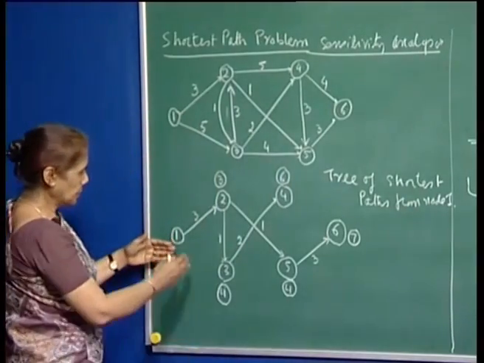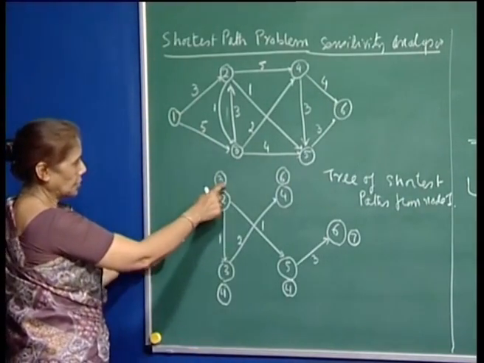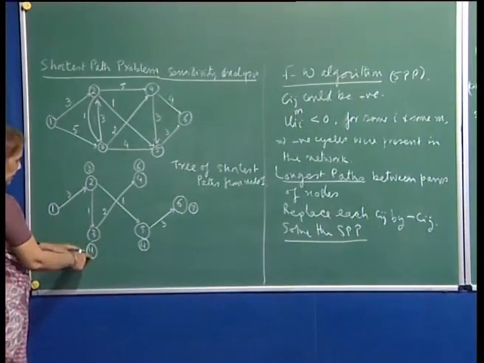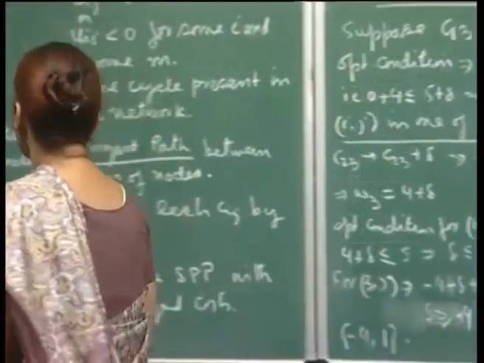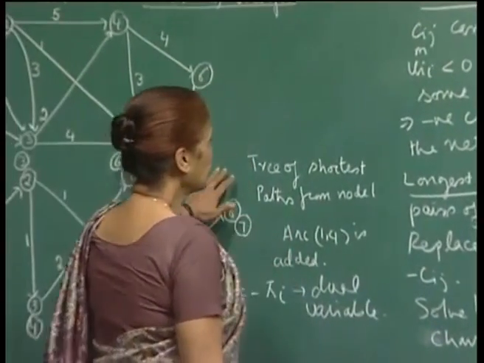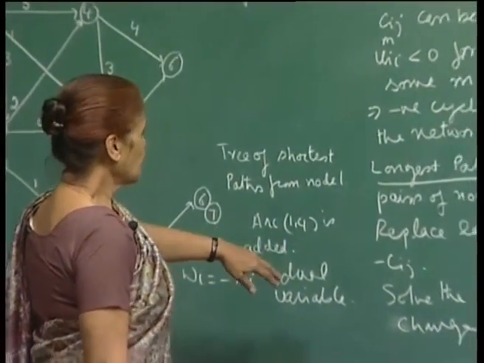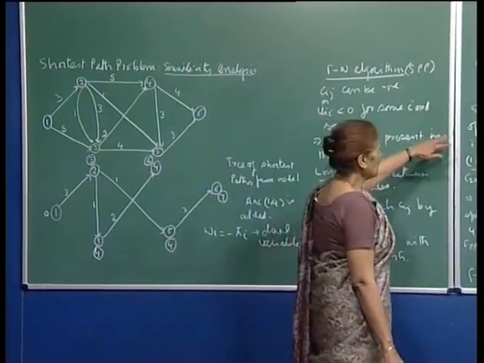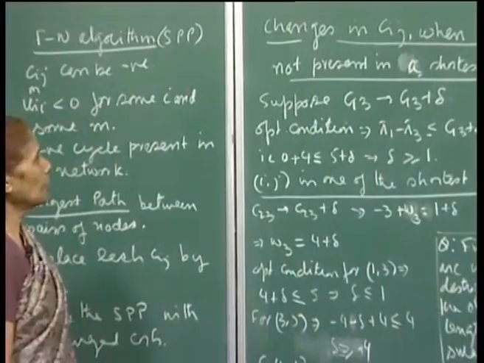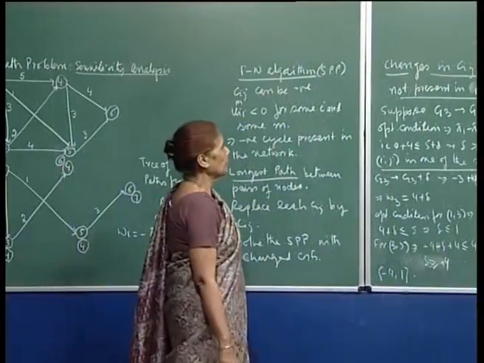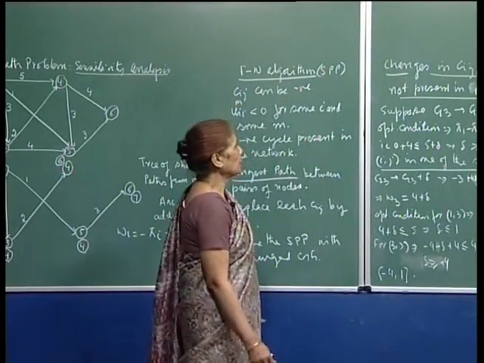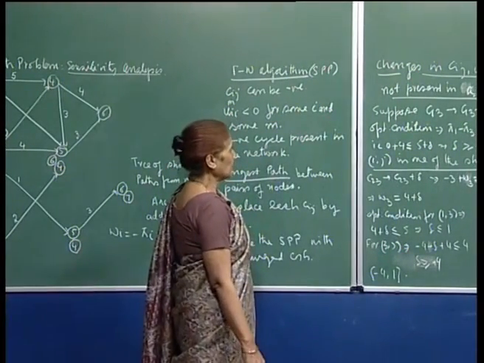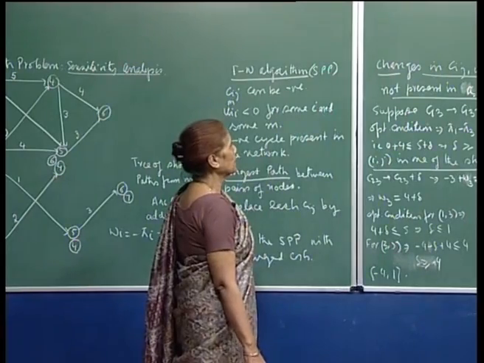So, this gives you, for example, from 1 to t the shortest path distance is 3, from 1 to 3 the shortest path length is 4, and so on, right. Now, sensitivity analysis for the shortest path problem. The idea here is that we want to look at what kind of changes we can make in the cost Cij for an arc ij which is not present in the shortest path.